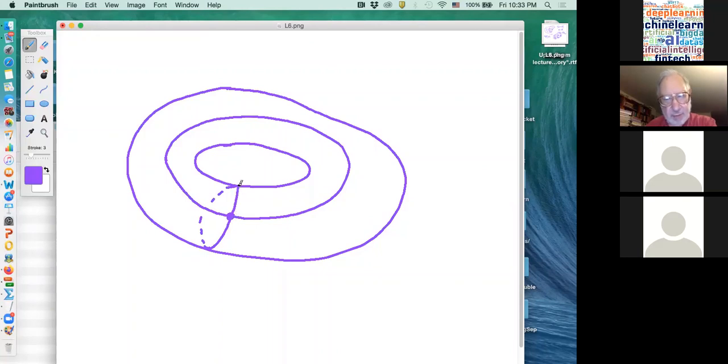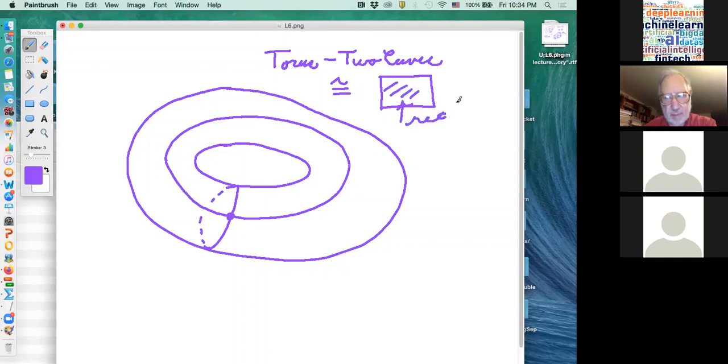But you see, if you remove this curve and this curve from the torus, if you take the torus minus these two curves, it's homeomorphic to one rectangle. Just one rectangle.